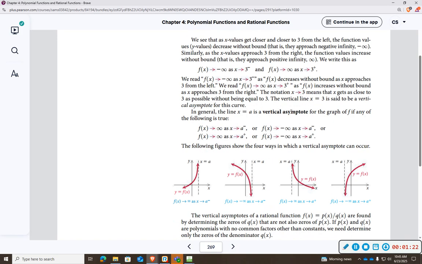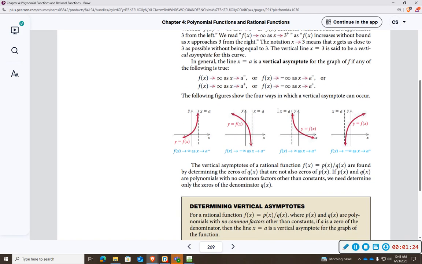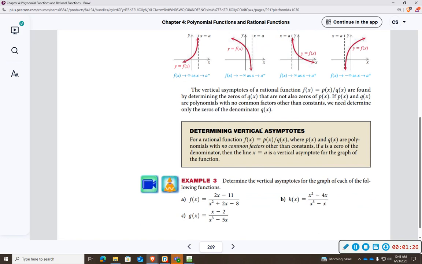So vertical asymptote is one of the first ones. Here is how you determine the vertical asymptote. You have a rational function, so a polynomial divided by another one. It tells you that the bottom is not 0, if they have no common factors. So we'll try to break it down, find any common factors, and then we'll look at any other constraints on the polynomial.